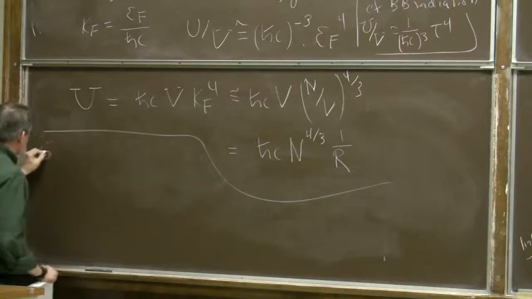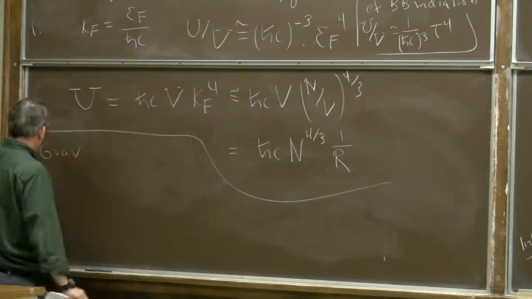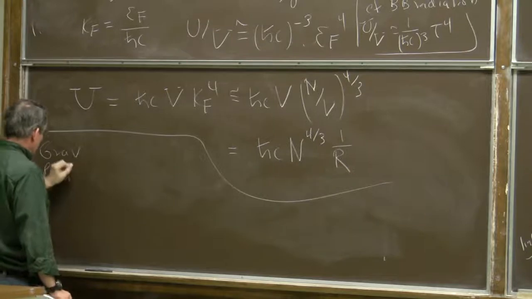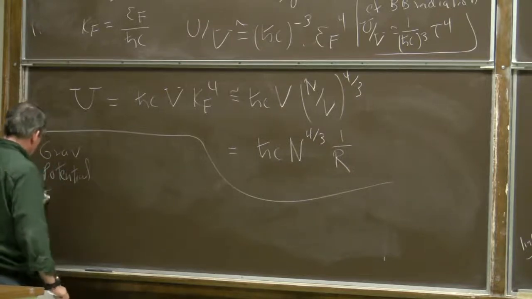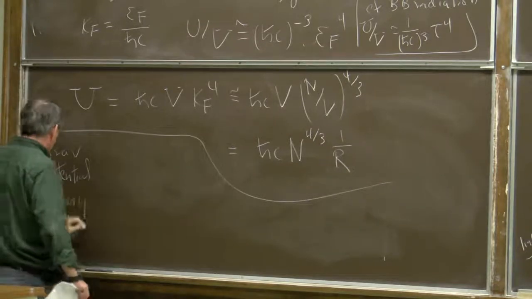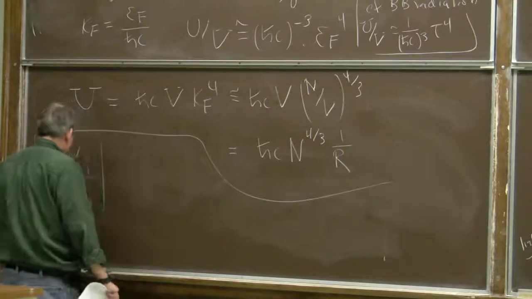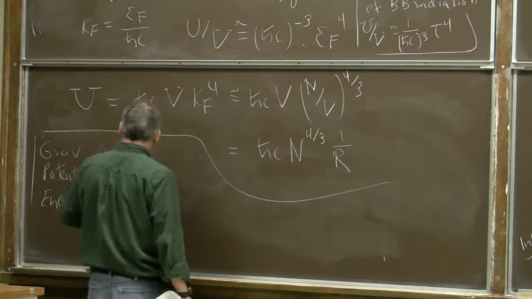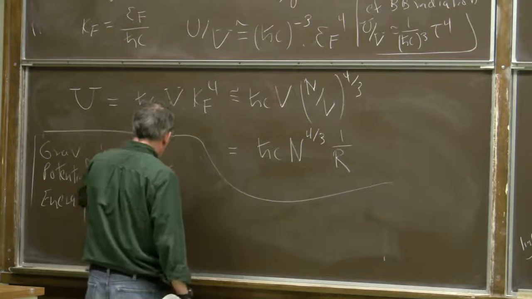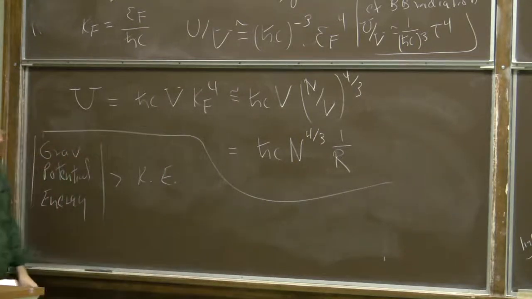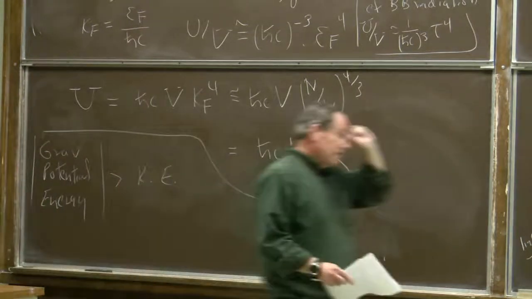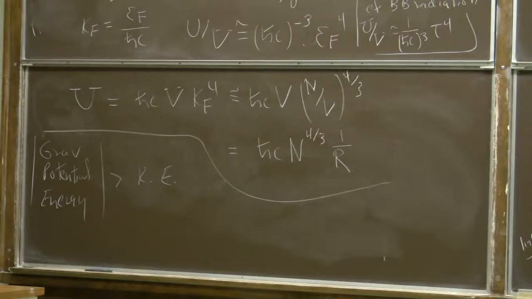So, gravitational potential energy, really its absolute value, because it's negative, will be greater than kinetic energy if the coefficient of 1 over r in the gravitational potential energy, which is G m squared, beats the coefficient of 1 over r here.